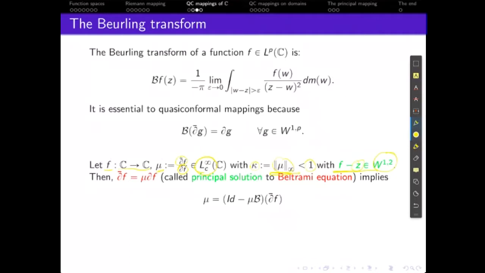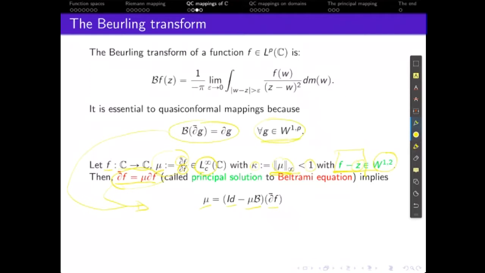Okay. Then this equation is called the Beltrami equation. This is the equation that is satisfied by F, of course. It implies the following: mu can be recovered as the identity minus mu times the Beurling transform of delta bar F. This is just combining these two facts with the fact that F minus z is Sobolev.